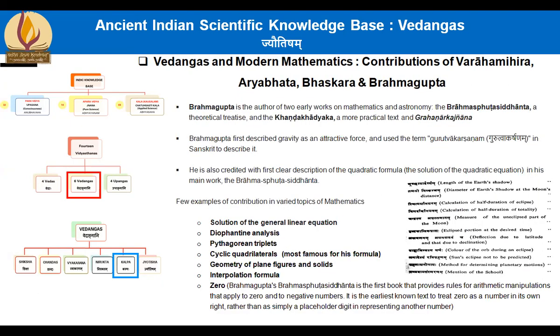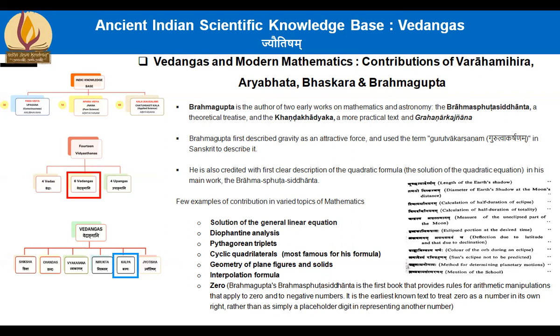Then we have Brahmagupta. His texts were on mathematics and astronomy again. Then Brahmasphuta Siddhanta has been a great text which helps astronomers even today in understanding the concepts.